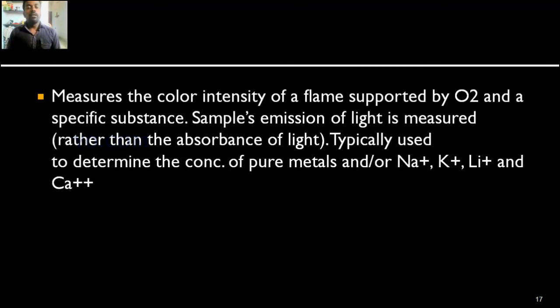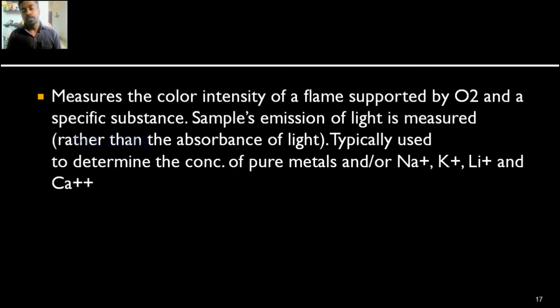It measures the color intensity of the flame supported by oxygen and the specific substance. The emission of light from the sample is measured rather than the absorption of light. It is typically used to determine the concentration of metals such as sodium, potassium, lithium and calcium.